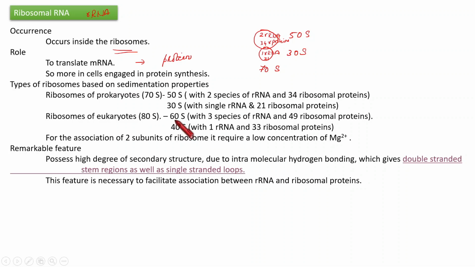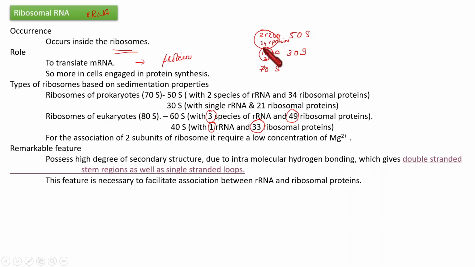Inside the 60S subunit, we can locate 3 rRNA and 49 ribosomal proteins. Inside the 40S subunit, we can locate 1 rRNA and 33 ribosomal proteins. Okay, so that's about different types of ribosomes and their rRNA composition.